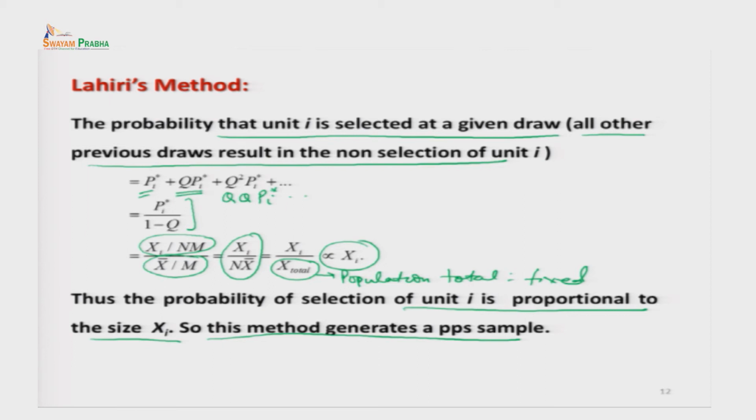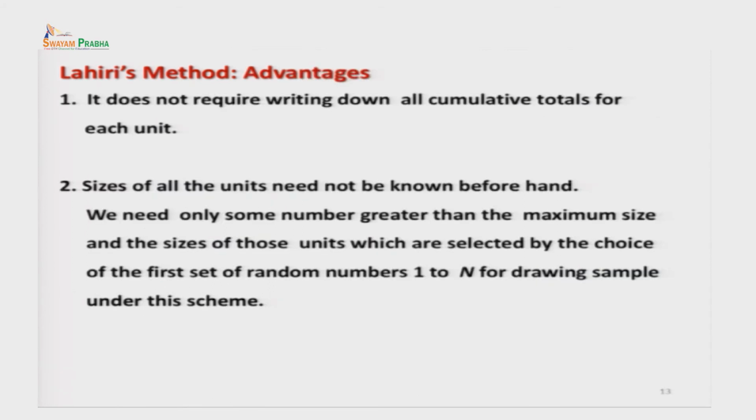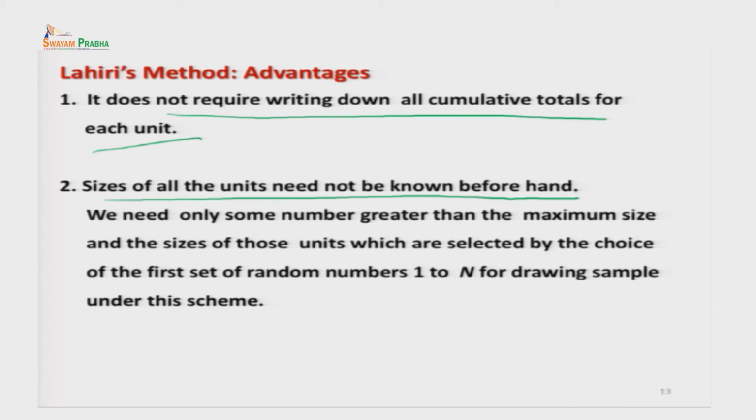Now, what are the advantages of Lahiri's method? Number one, it does not require writing down all cumulative totals for each of the units, as you used to do in the cumulative total method. The sizes of all the units need not be known beforehand.